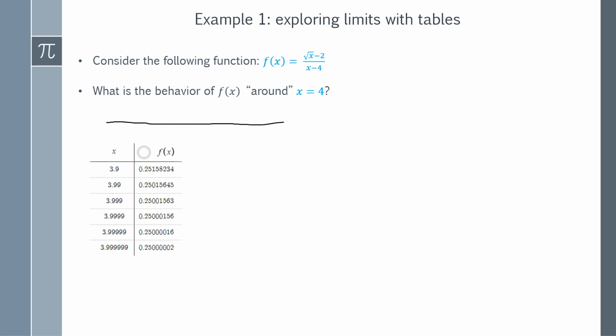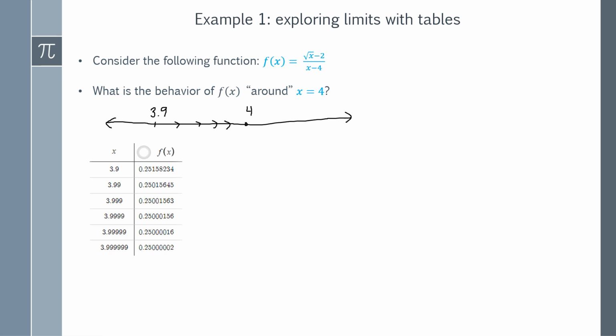So pictorially, that would look something like this. Let's say this is our real line. Okay, and 4 is somewhere around here, and let's say 3.9 is over here, and then we increase it to 3.99, 3.999, and so forth. So we are approaching 4 from the left side.